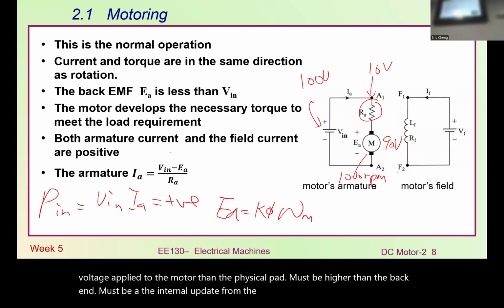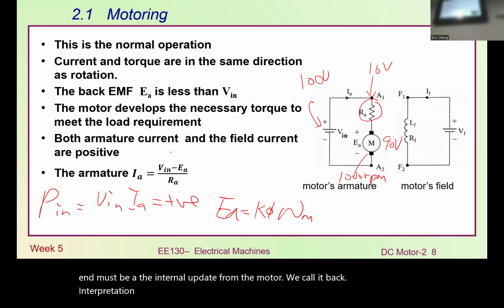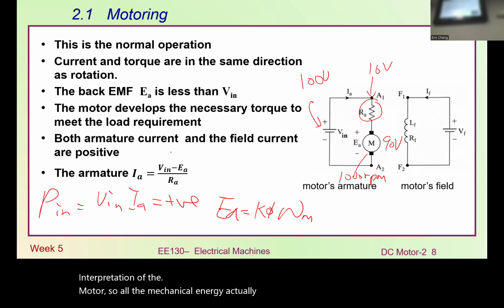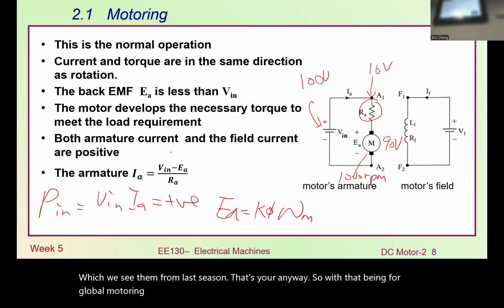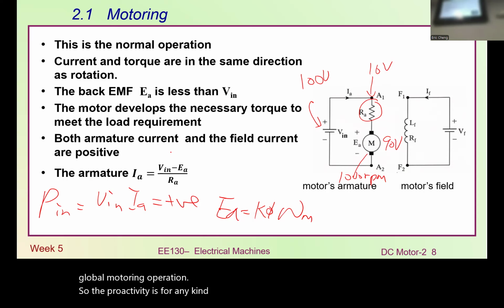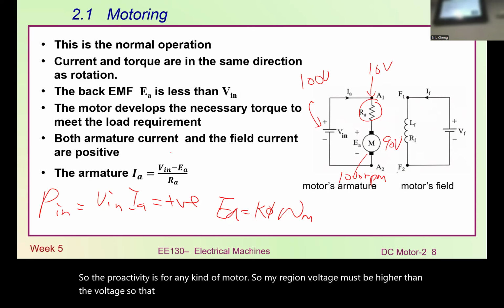We call it back EMF due to the rotation of the motor. All the mechanical energy is actually derived from this EA, which we saw in the last lecture. So for normal motoring operation, for any kind of motor, the input voltage Vin must be higher than the EA voltage, so that the current IA can flow forward into the motor.